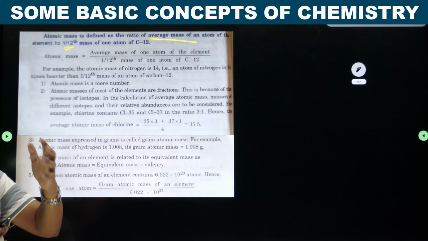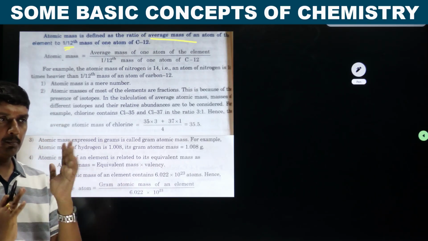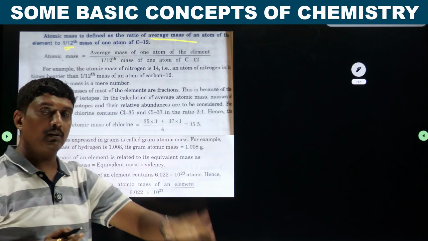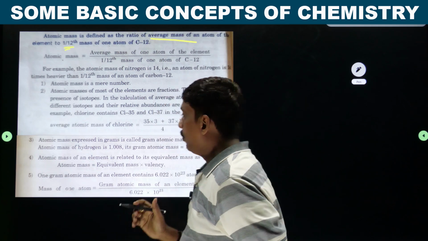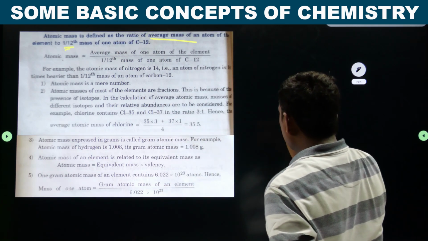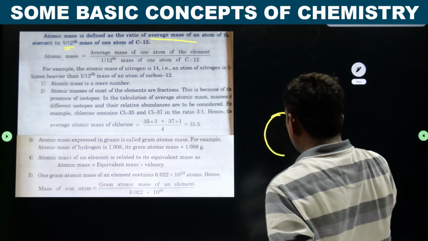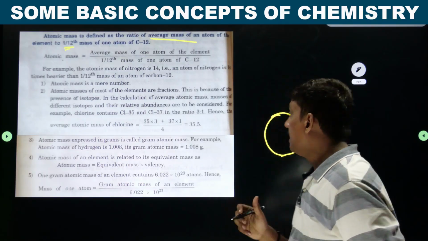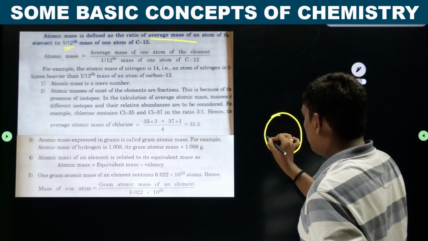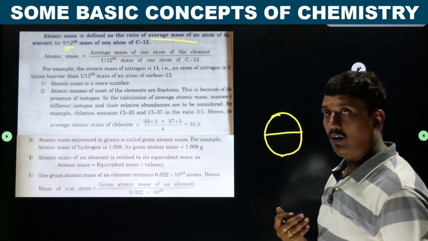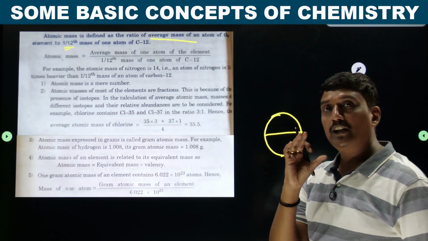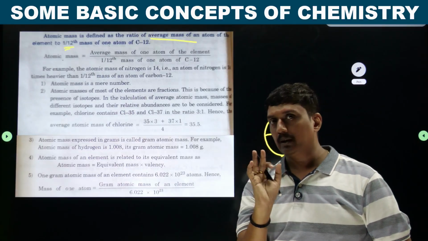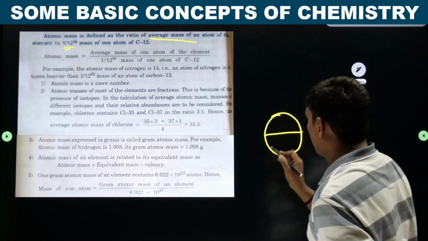Let us take carbon-12, as I said in the previous class, 1/12 mass of carbon-12 isotope. Why have we selected 1/12? What is the purpose of taking 1/12? Why have we not taken 1/13, 1/6, 1/8? Because it is very simple. In the nucleus of a carbon atom we have two kinds of particles, protons and neutrons.